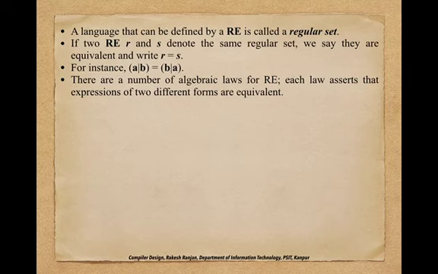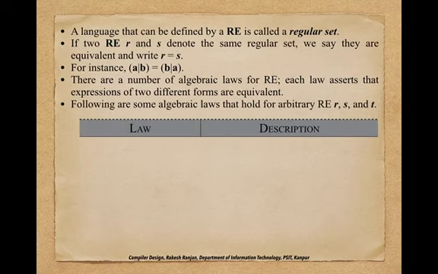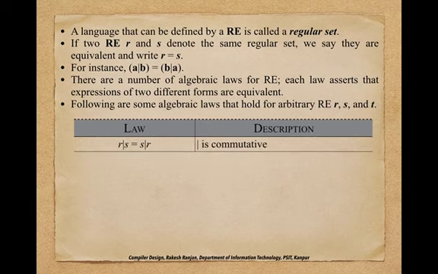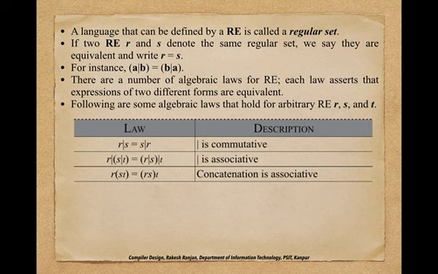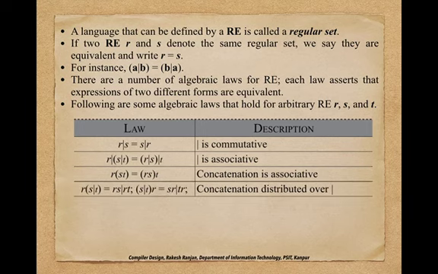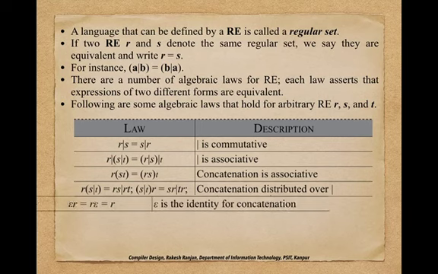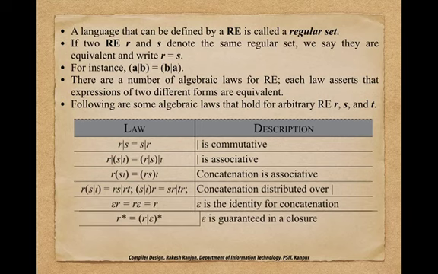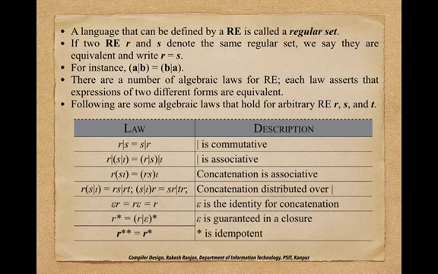There are a number of algebraic laws related to regular expressions, such as the commutative law and the associative law for concatenation. All these things you have learned in automata in the previous semester. These are the basic things that you must know. I am just revising this part, assuming that you know all these things, so I am skipping it.